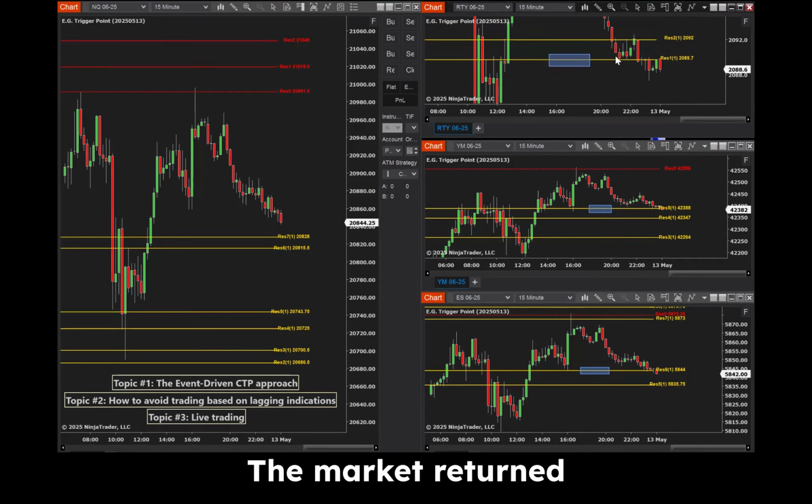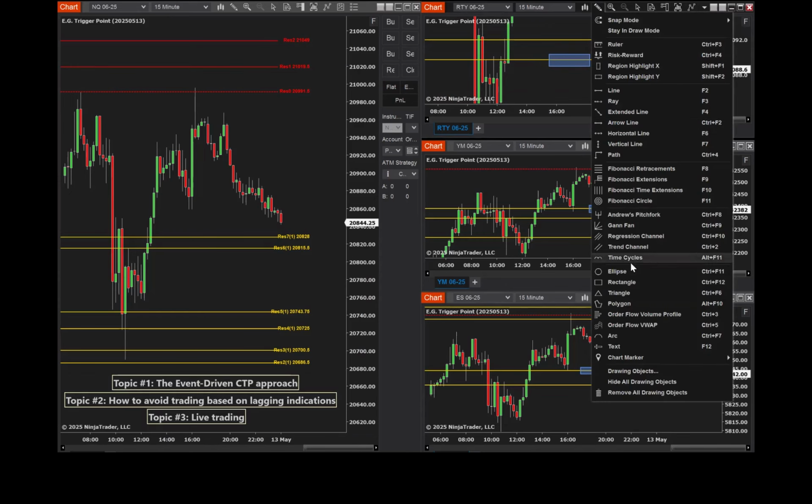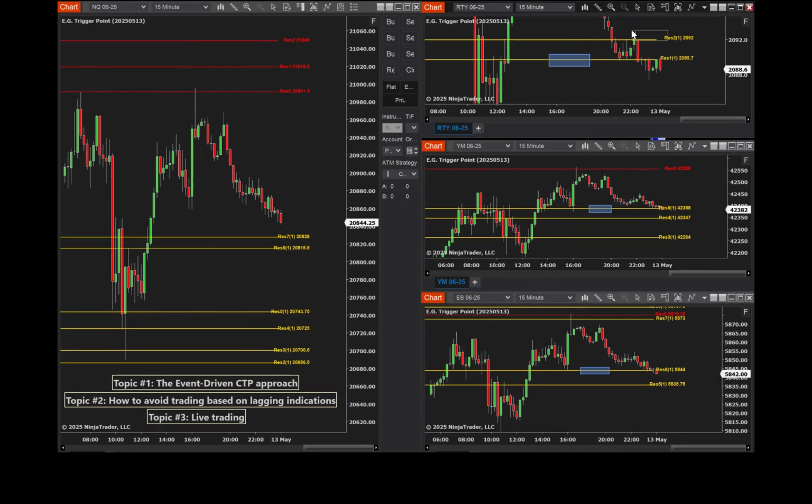The market returned to this support, bounced off, strong sellers of the resistance above.